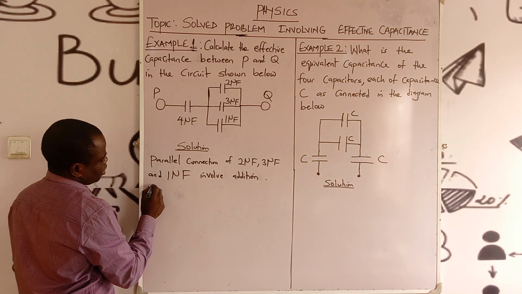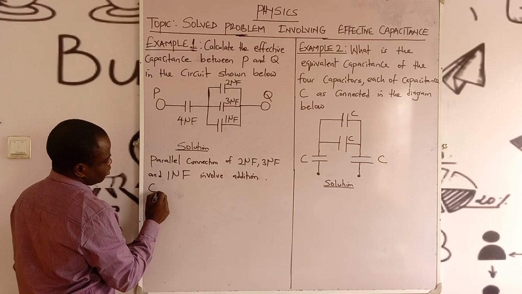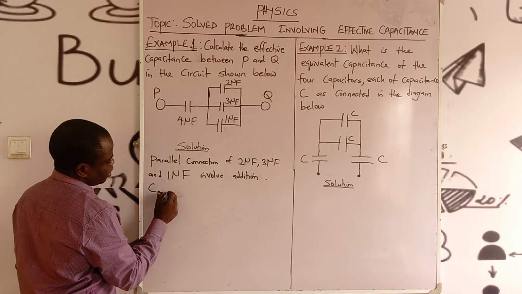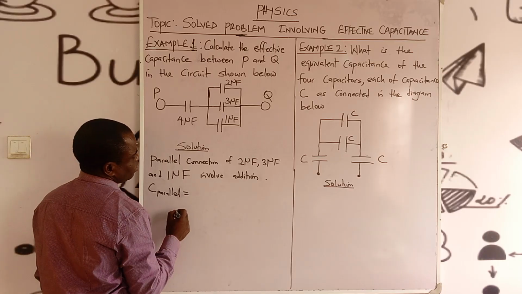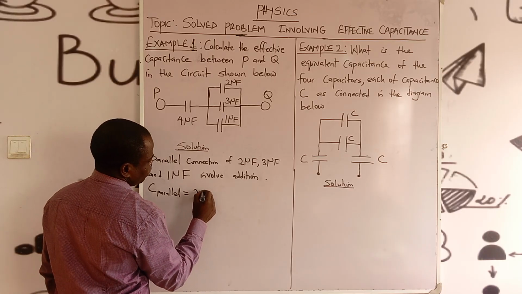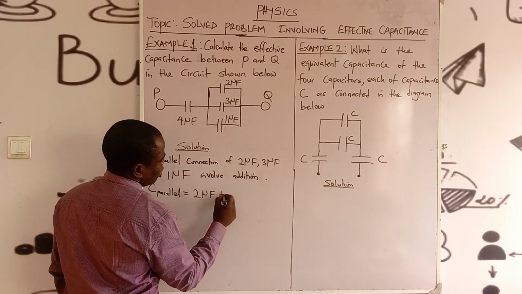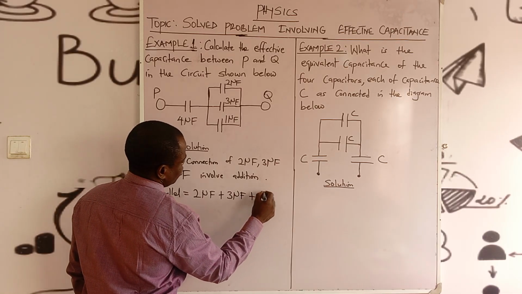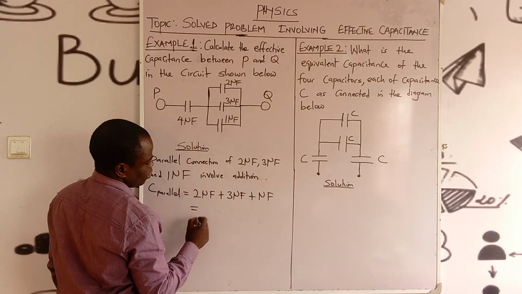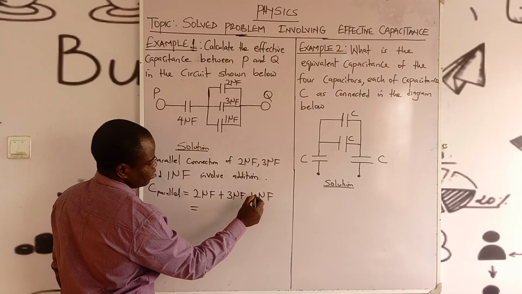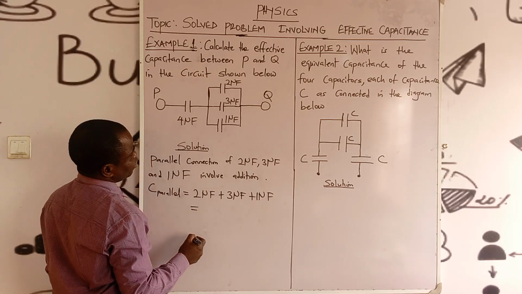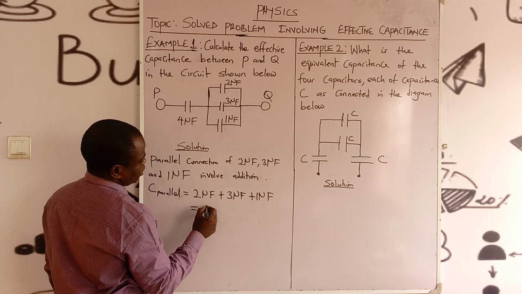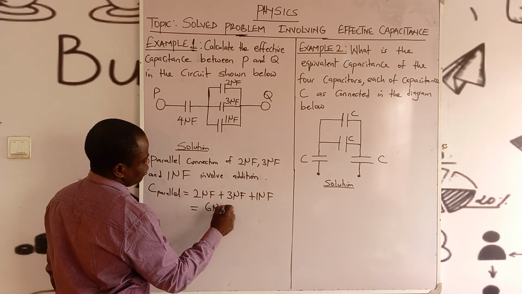Now, C parallel, that's capacitor parallel, equals 2 microfarad plus 3 microfarad plus 1 microfarad, which will give us 6 microfarad.